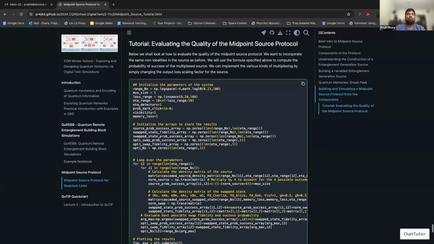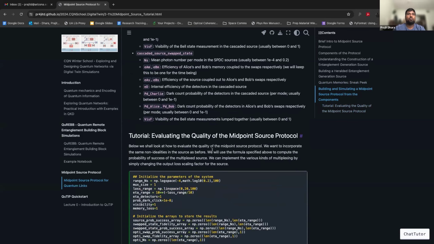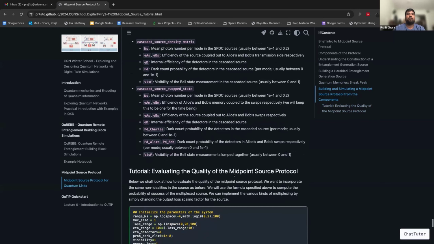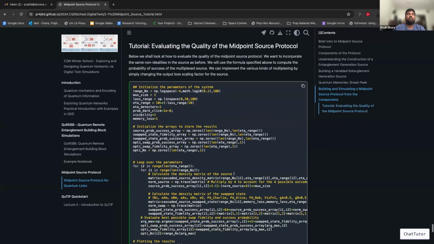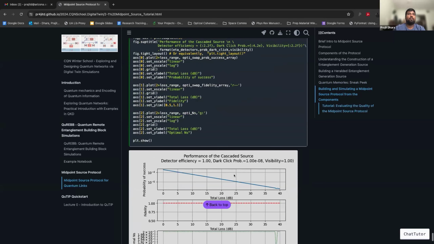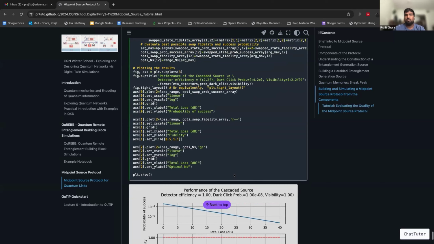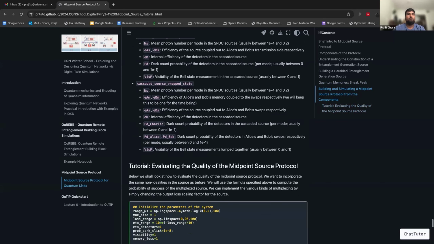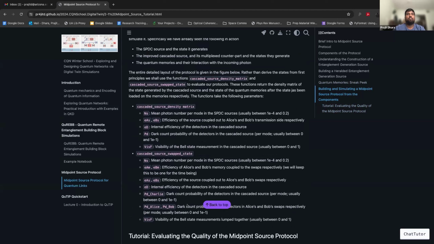And this code goes through how to look at the quality of the midpoint source protocol while trading off between: do I have a better state or do I have a higher rate? You can play around with different parameters. It should be self-explanatory here. By tweaking some of these different parameters, you should be able to see, okay, this is going to give me a specific detriment over here.